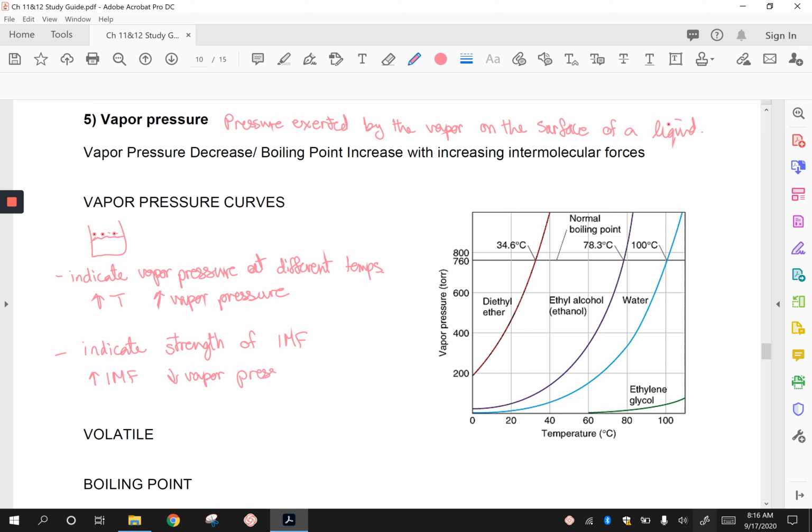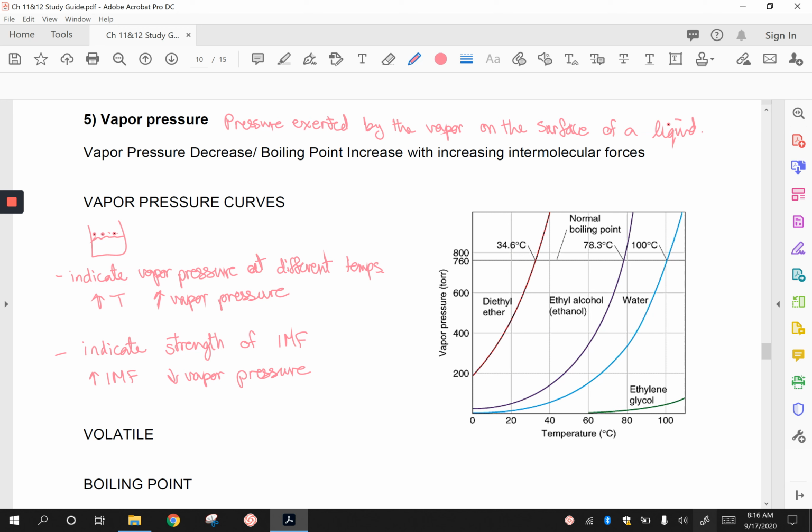So why is that? Well, if the particles in the liquid have very strong intermolecular forces, so the particles are very, very attracted to each other, it is harder for them to escape from each other and become a gas. And so if there's strong attractions here, they're going to remain as liquid. Fewer particles would escape and become a gas, and so we'd have fewer gas particles, fewer collisions, less vapor pressure.